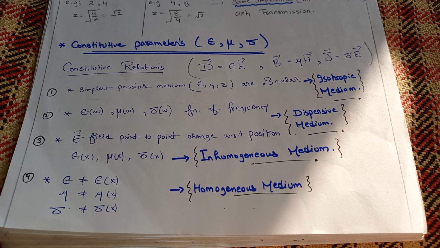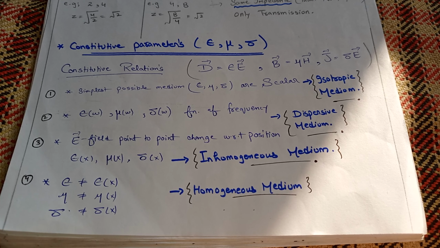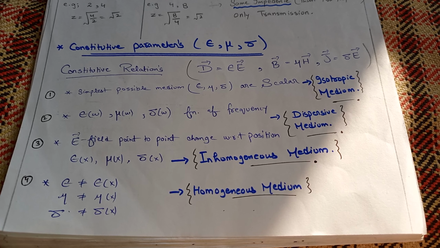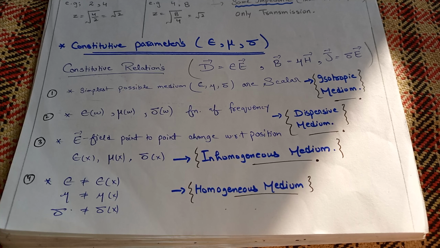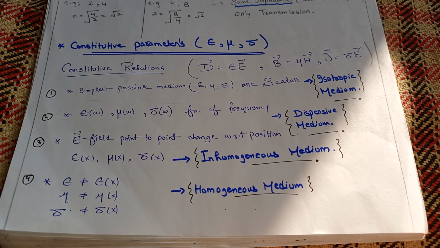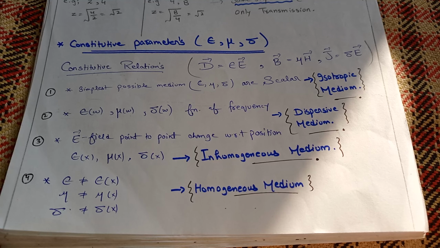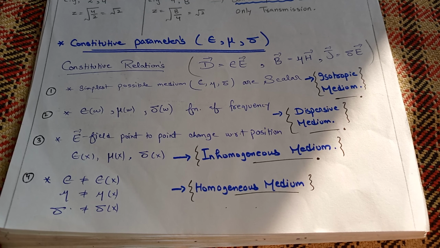If your epsilon, mu, and sigma are scalars, then you can say your medium is an isotropic medium. When your epsilon, mu, and sigma are scalars, these are the isotropic media.